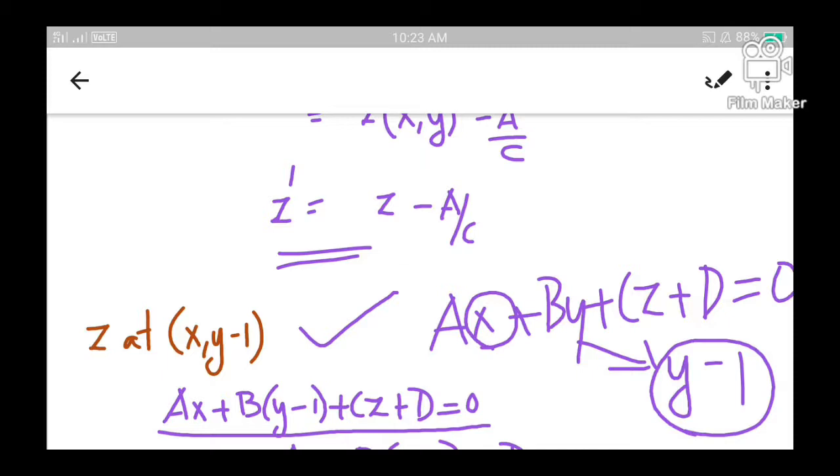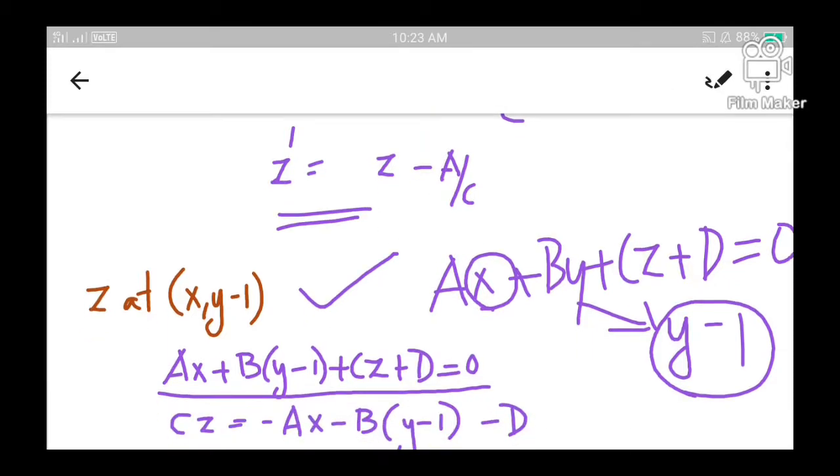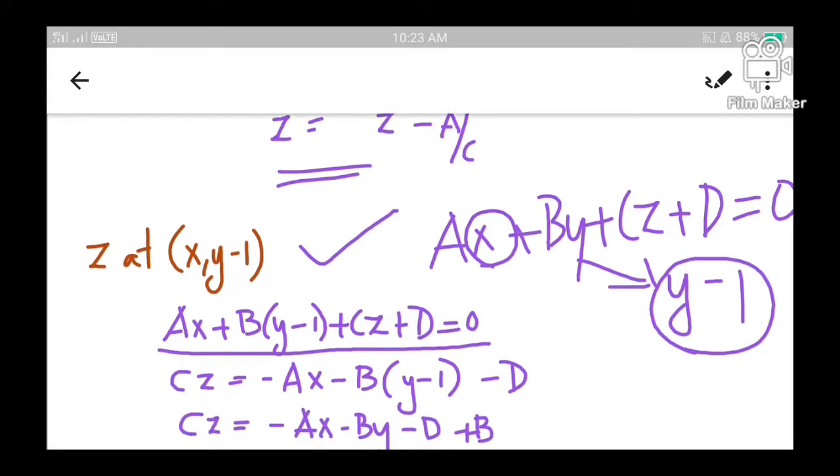I repeat, ax plus by minus b plus cz plus d equal to 0. Among these terms, except cz, all other terms will be taken to the right hand side. We get cz is equal to minus ax minus by minus d plus b. So except cz, all other terms are taken to the right, and the terms are minus ax minus by plus b and minus d.